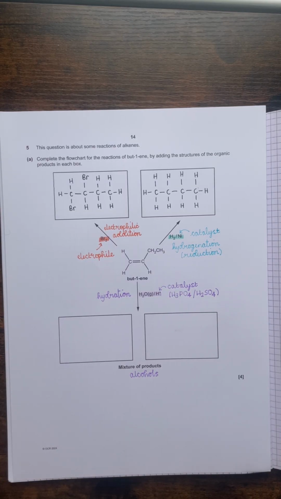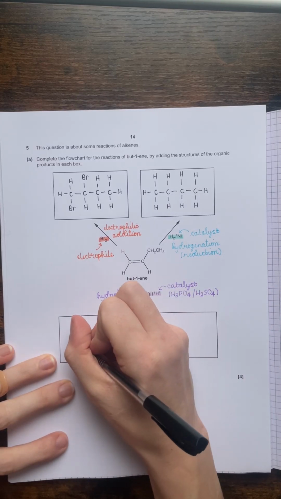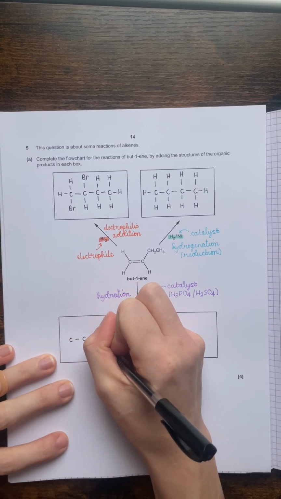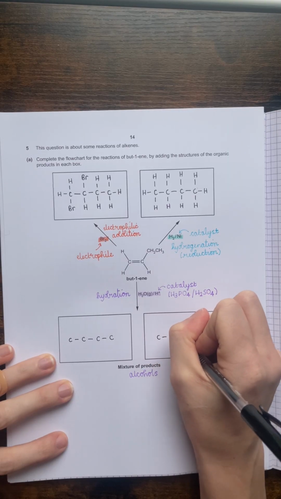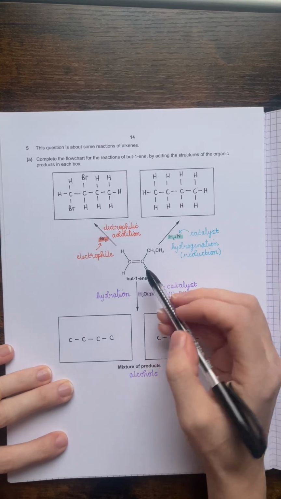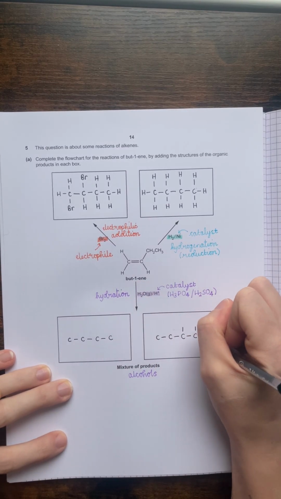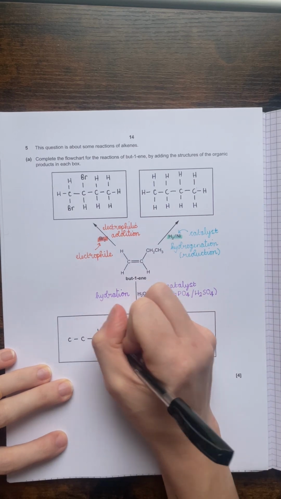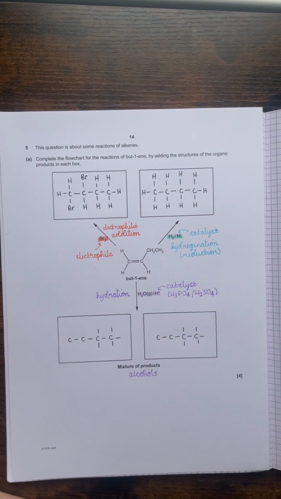So in one of the boxes, what you might choose to do first is just have your chain of 4 carbons, which has been my starting point for each of these. And then these 2 carbons are not going to change at all because that's not where the double bond is. So they will all still be hydrogens as per the butene.